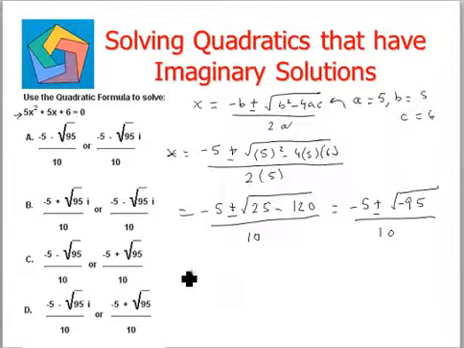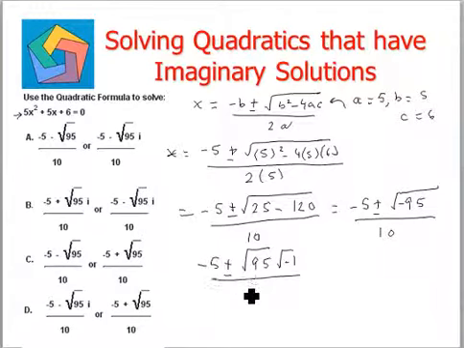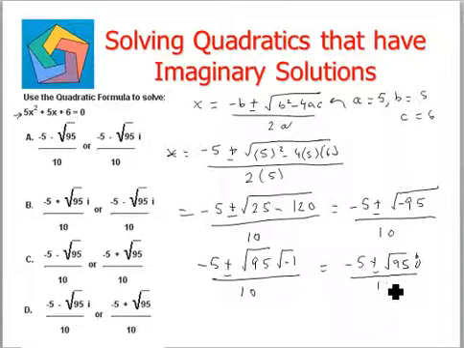Now this can be further written as negative 5 plus or minus radical of 95 times radical of negative 1, divided by 10. This can be replaced by an iota, as we know, divided by 10. This cannot be simplified further, so we split it into two, that is the plus and the minus values.